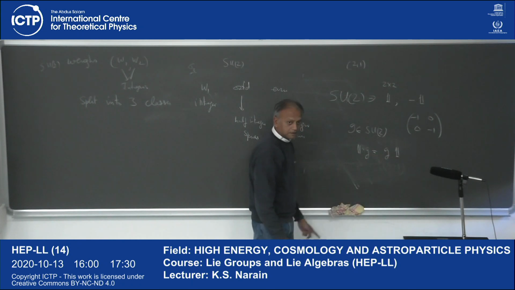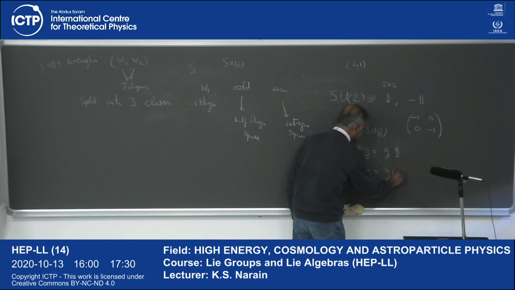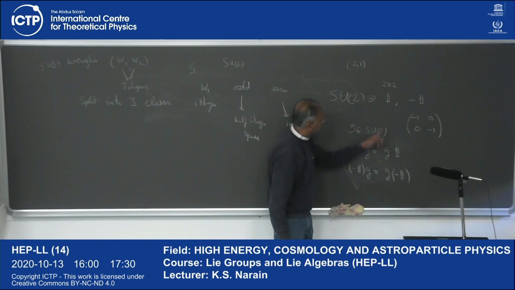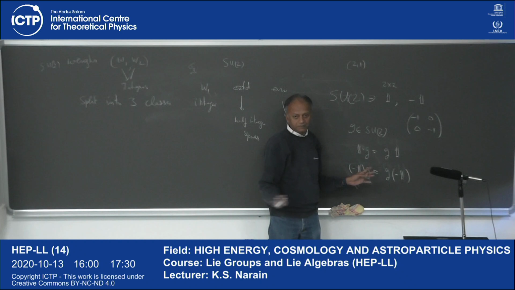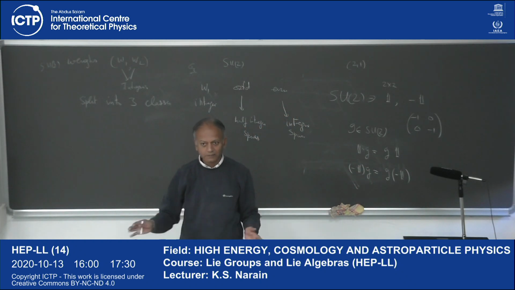So it commutes, right? As well as minus identity times G is also equal to G times minus identity. So both of these elements commute with every element of G. That is why it's called the center of the group. It just commutes completely.